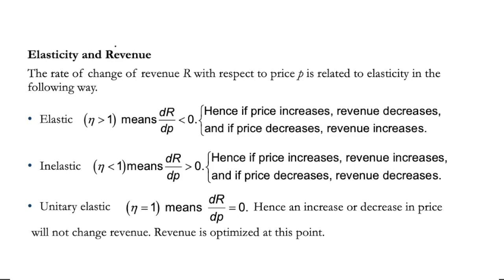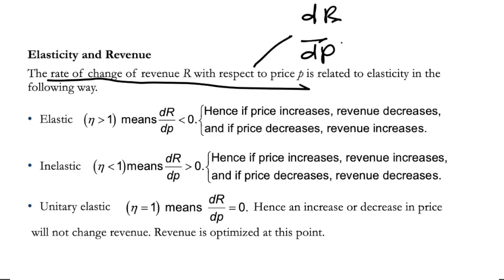The rate of change of revenue with respect to price refers to dR over dP, and it is equivalent to Q(1 minus eta).